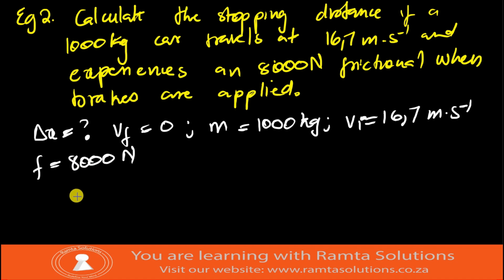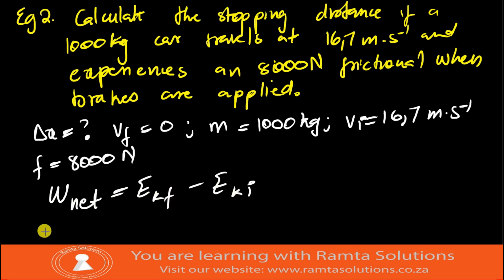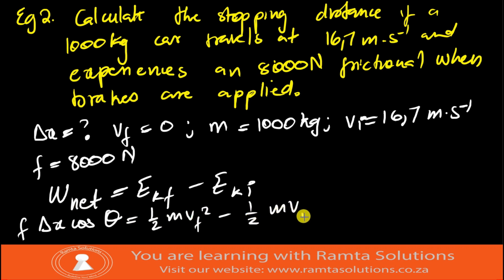So we'll say net work equals EK final minus EK initial. We do know net work here, we're considering frictional force delta x cos theta, because friction is the only force that's playing a role in this motion. And this is half mvf squared minus half mvi squared, isn't it?